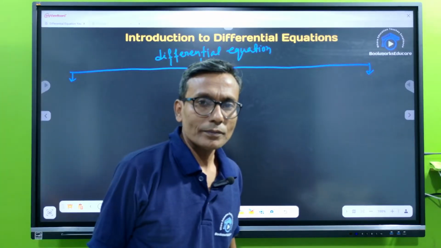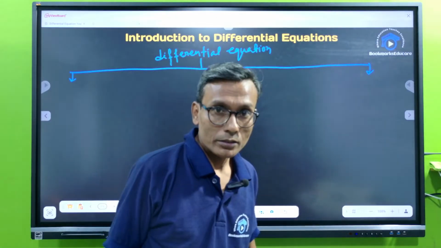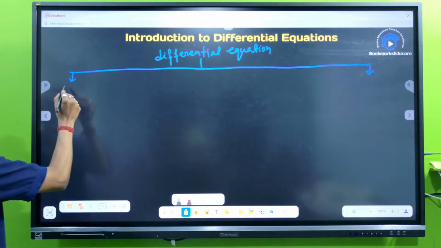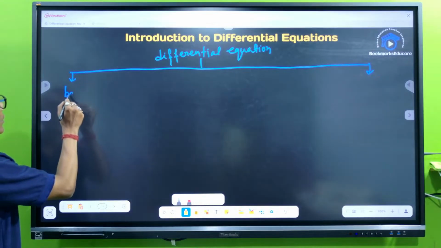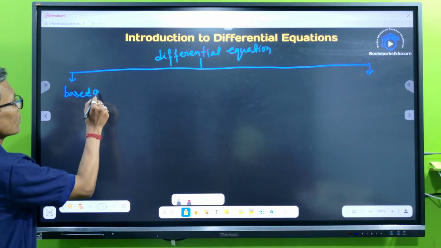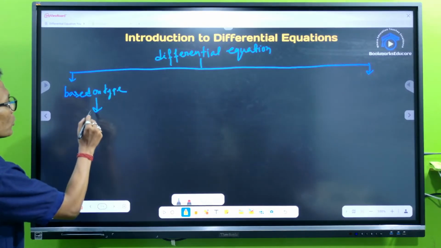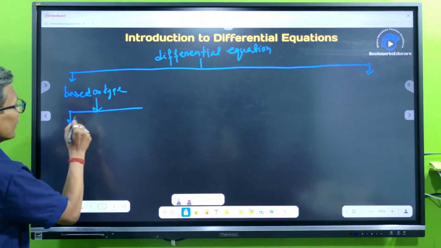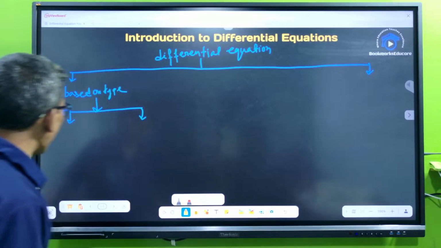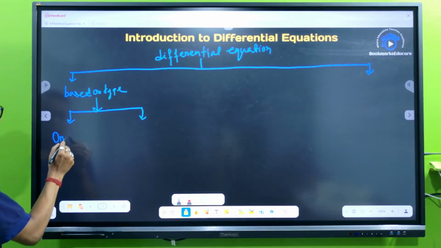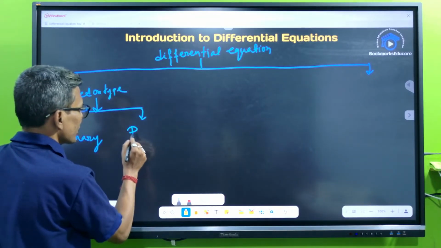First part is based on type. According to type, it can be classified into two parts. One is ordinary differential equation and the other is partial differential equation.